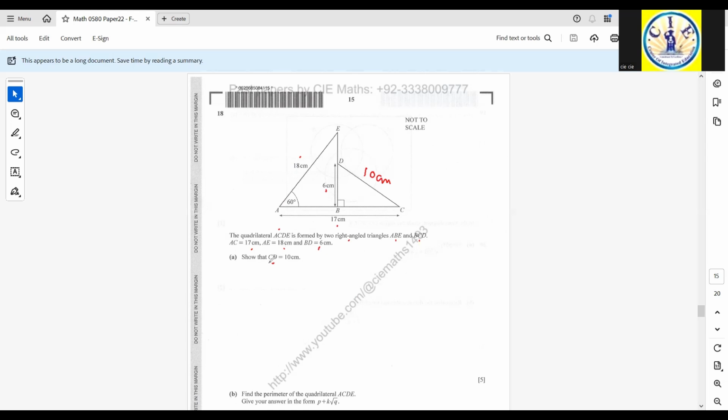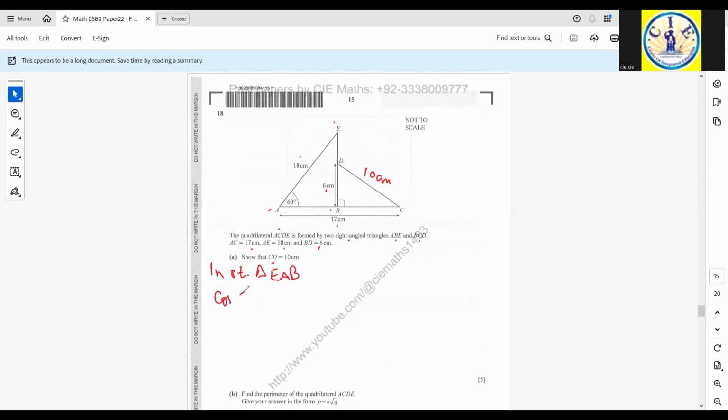For this, consider this triangle EAB, a right triangle EAB.